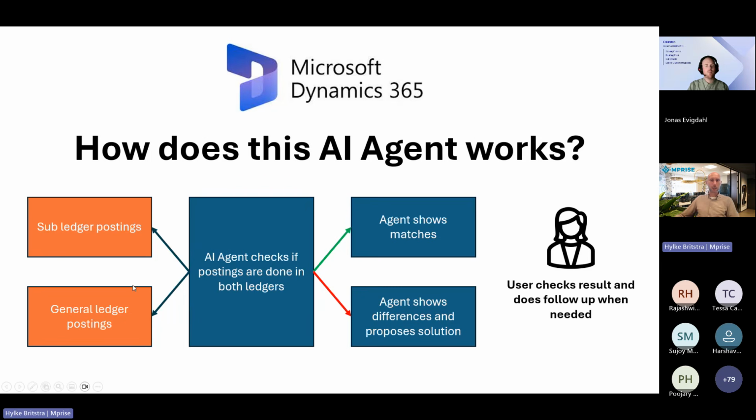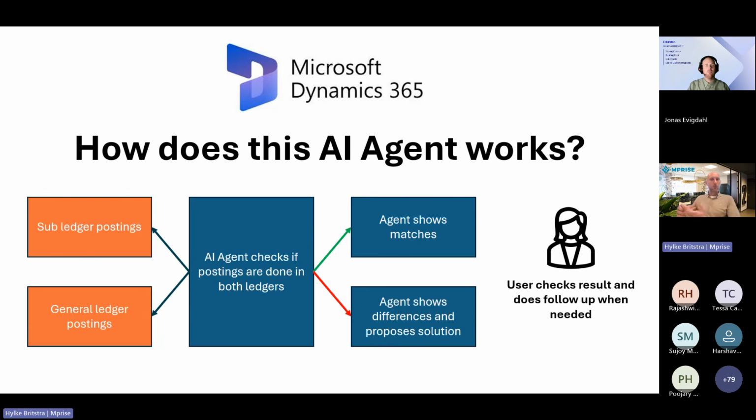So it continuously checks, are the subledger and the general ledger equal based on the postings being made? If that is the case, the agent will show the matches, the reconciliation. If it's not the case, the agent will show the differences, the exceptions, and in some cases will propose a solution. What should you do to solve this exception?